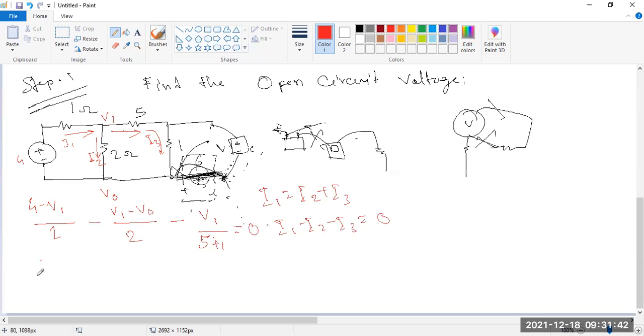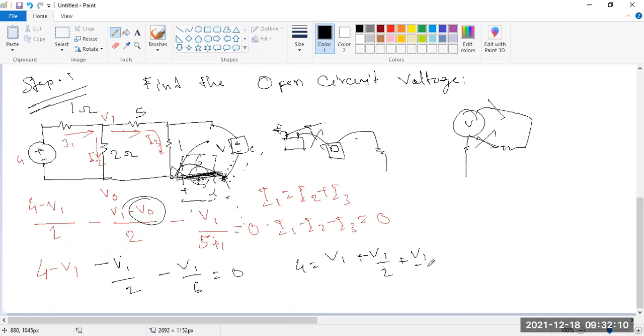Then we can solve. This is 4 minus V1 minus V1, this 0 is not required. V1 by 2 minus V1 by 6, that is 0. So we can take all V1. So this 4 equal to V1 plus V1 by 2 plus V1 by 6.